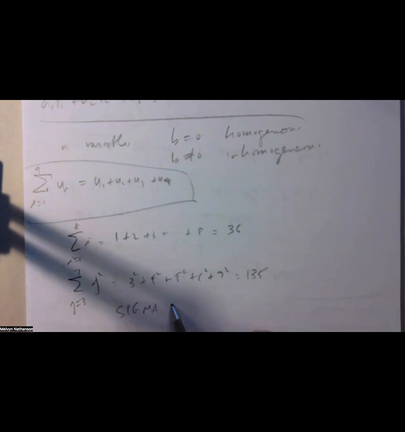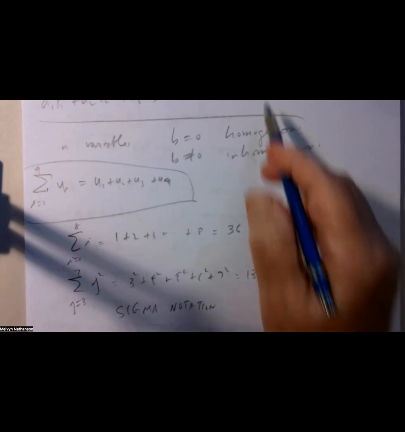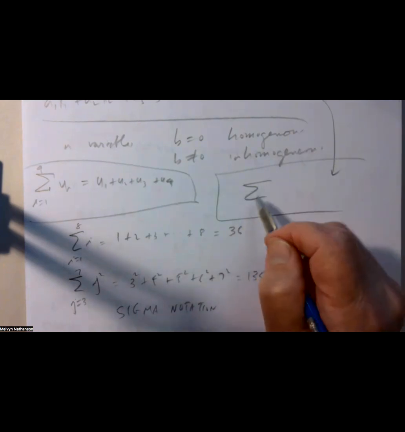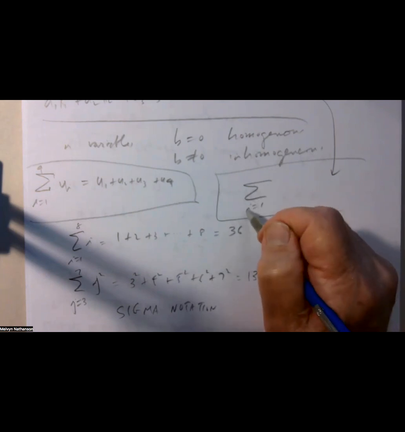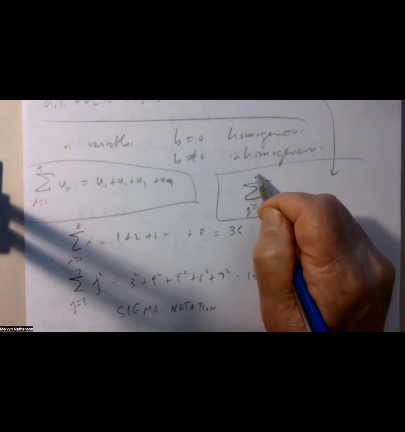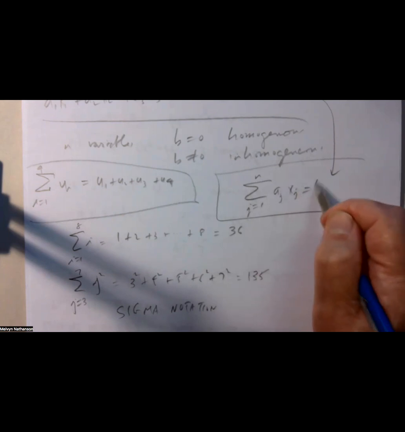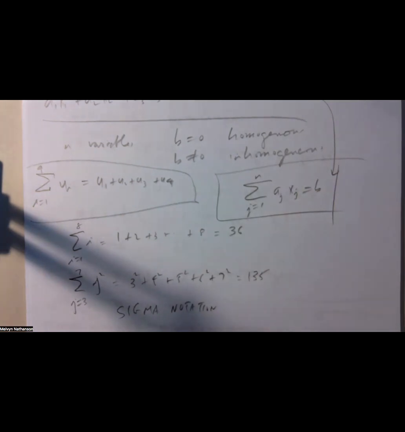Again, it's used in calculus, so you've certainly seen this. And the general linear equation, you could write as a summation, j goes from 1 to n, a sub j, x sub j equals b. So this is just notation, which we use all the time in linear algebra.